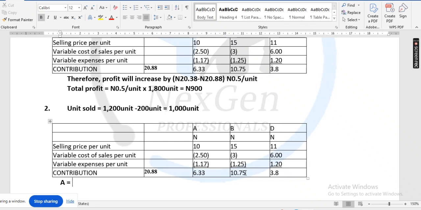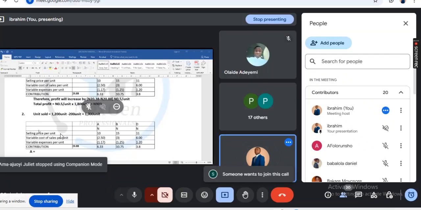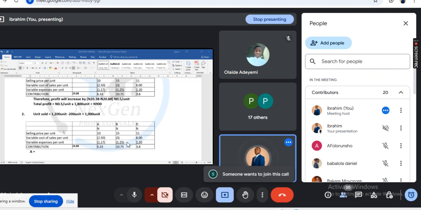Let me just pick the 200. I think that will be fine. If I decide to use the total value, I have to do it twice: when it was 1,200 and when it is 1,000 units. Then we'll look for the difference. But that will take a lot of time. What is the best approach?